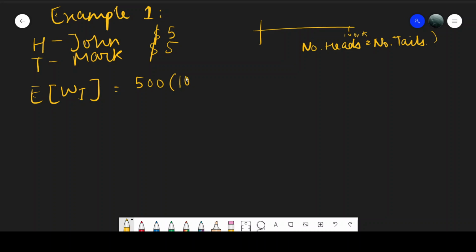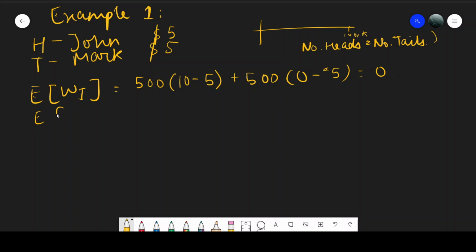His expected winning is going to be 500 into 10 minus 5, plus 500 into 0 minus 5. Here 500 is the number of times he wins, and this is the total amount that he wins. And this here is the number of times that he loses because he gets a tail, and this is the total amount that he loses. This turns out to be 0.